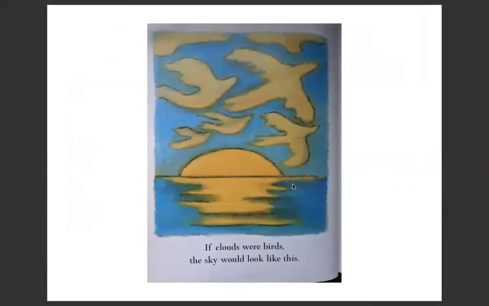This is another idea, cloud-shaped birds. With our cloud-shaped birds, we might want to try ripped paper instead. I'm going to show you that way. So for that cloudy shape, maybe I'll look at it like this. I'll show you here again.